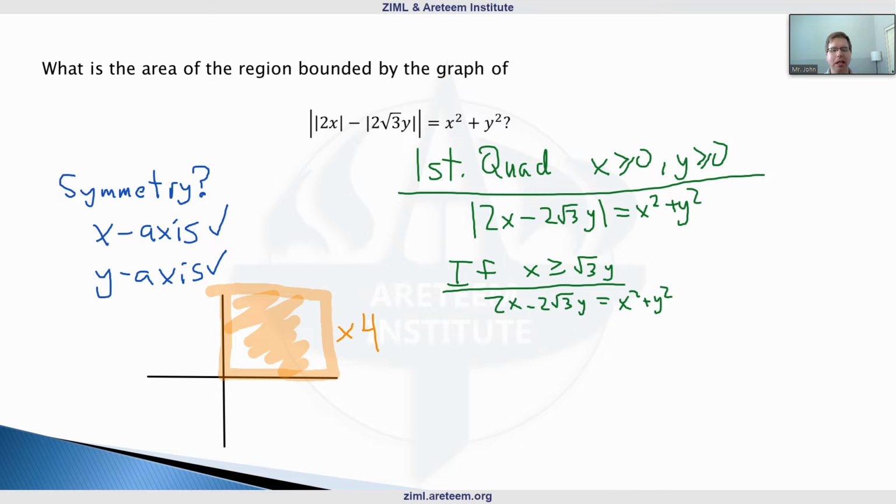Now, putting this all on the same side, let me shift the zeros around. We're going to have an x squared minus 2x, and let me leave a little bit of space there. Then we're going to have a y squared plus 2 root 3 y.